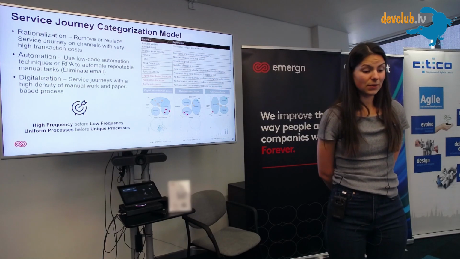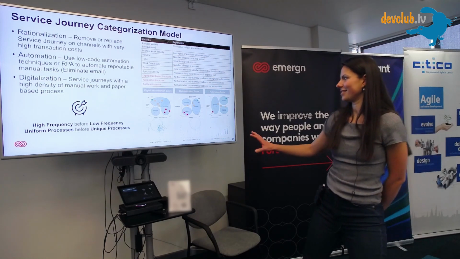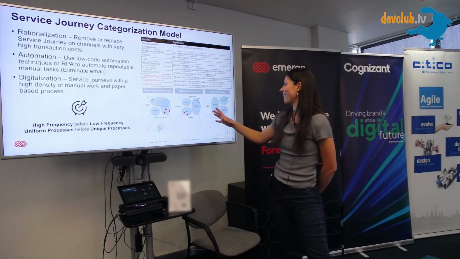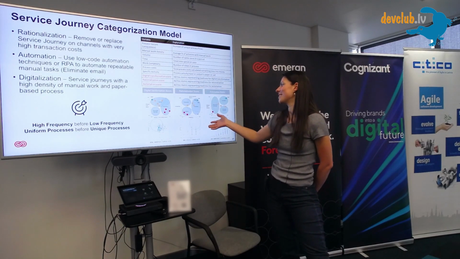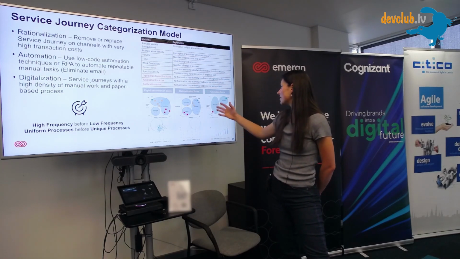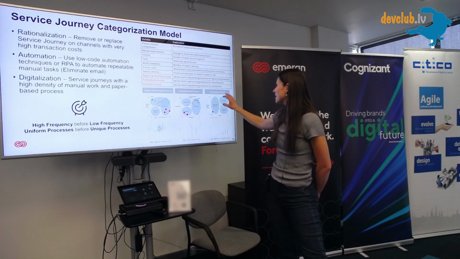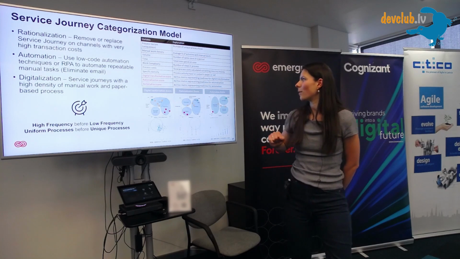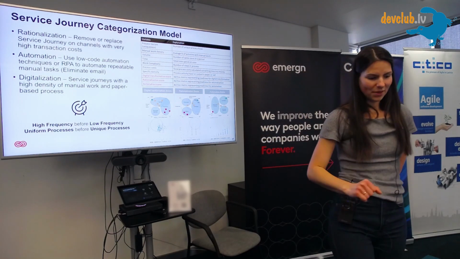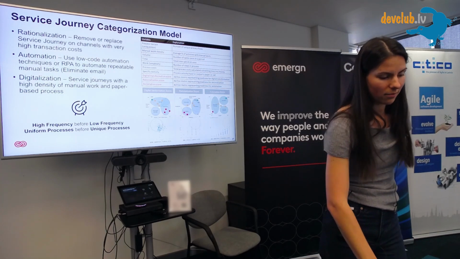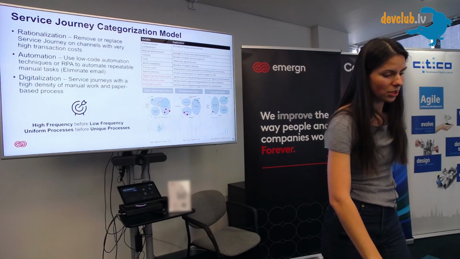We tried to calculate with this, with the formulas for that, and created interesting visualizations. So we focus on a specific area to find out which are ready for those three categories. So this is our service journey categorization model.